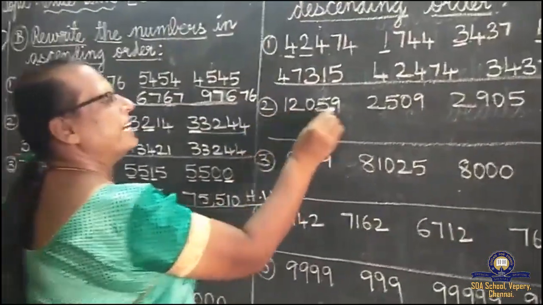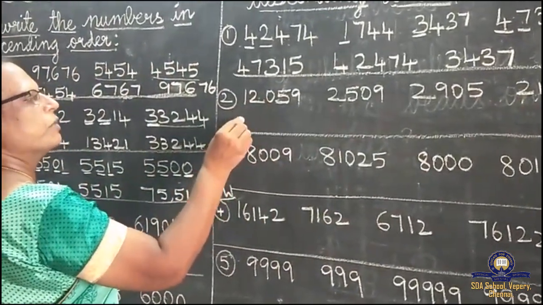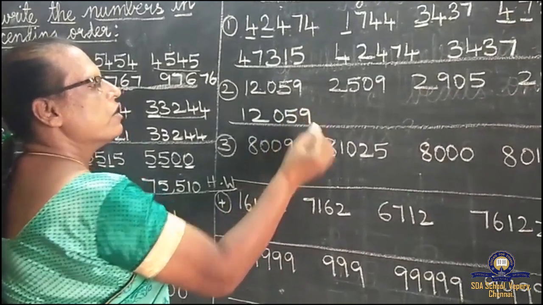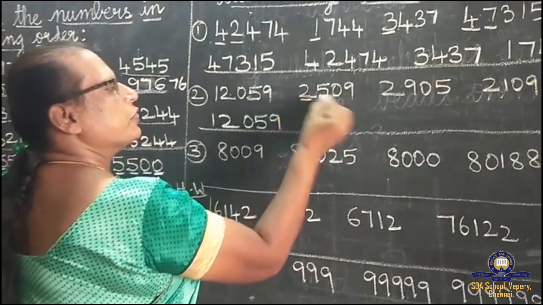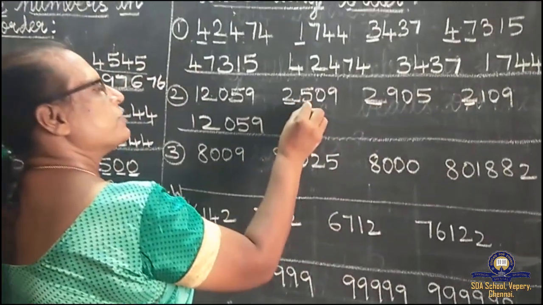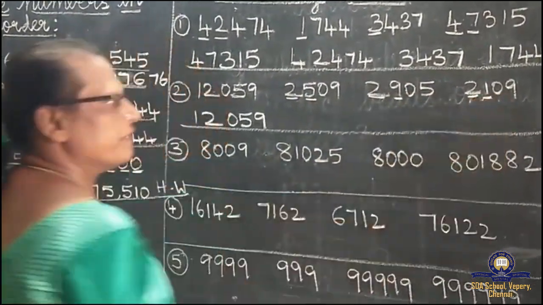Yes, the same thing here also. Second sum, here 5 digit, here 4 digit. So automatically you have to write this 5 digit number first: 12,059. Now you have to compare these three numbers. See here, thousands place 2 is there in all. And in the hundreds place here 5 is there, here 9 is there, here 1 is there. Very easy.